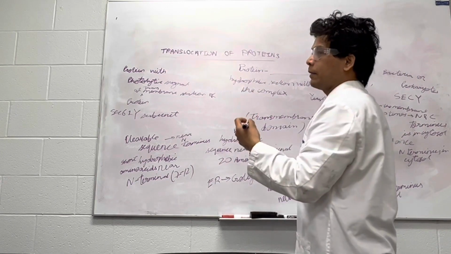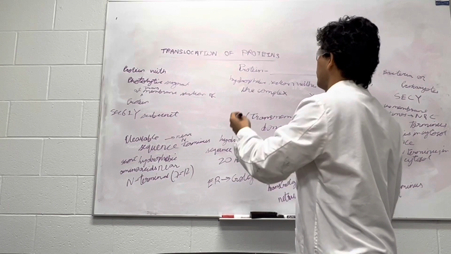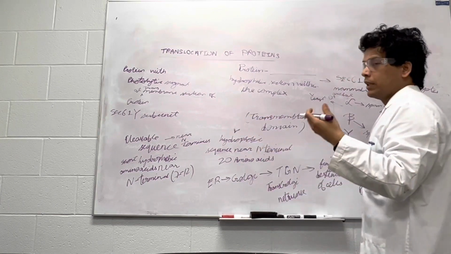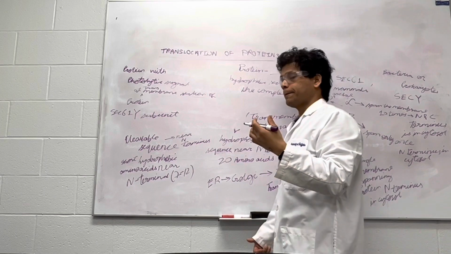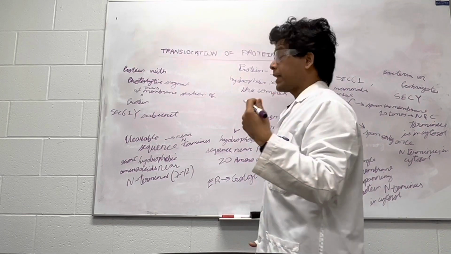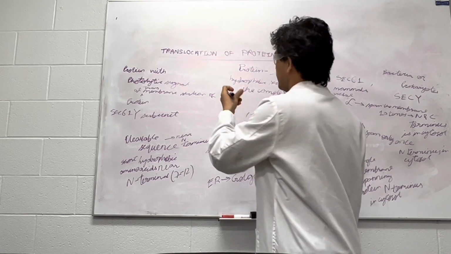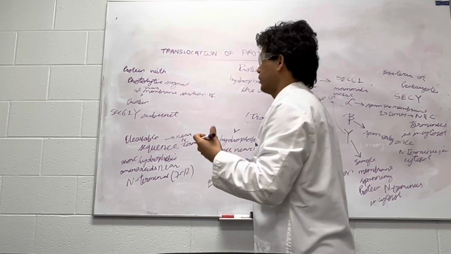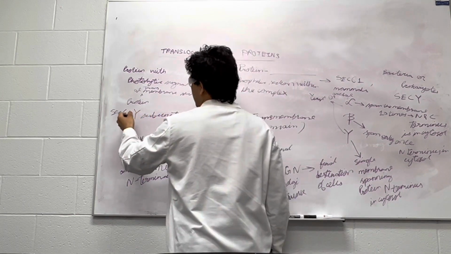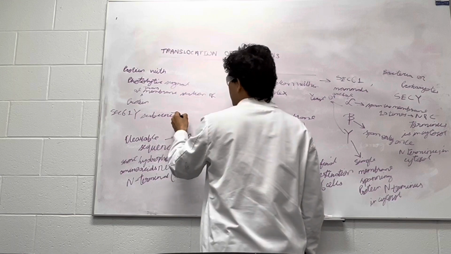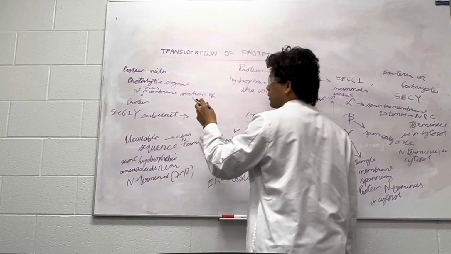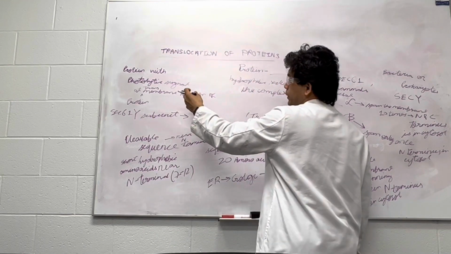This is the first experiment that people have done to find out whether Sec61 plays a role in the translocation of protein. From this they concluded that the Sec61 gamma subunit plays a role in translocation of membrane proteins.